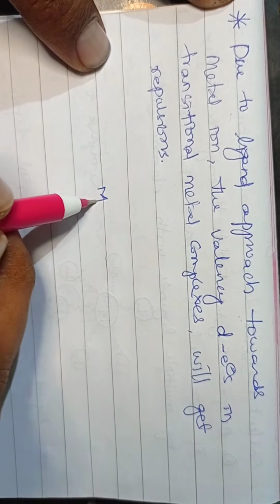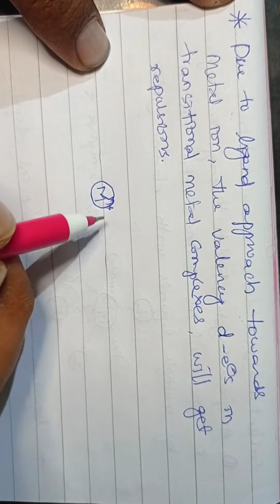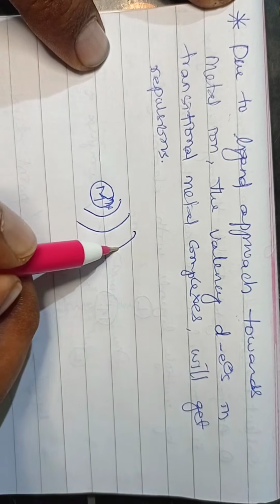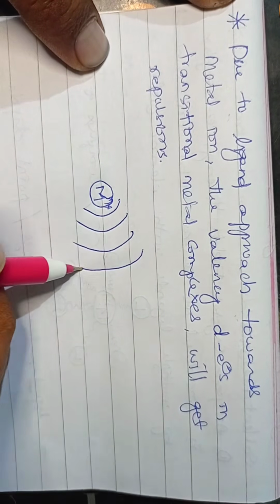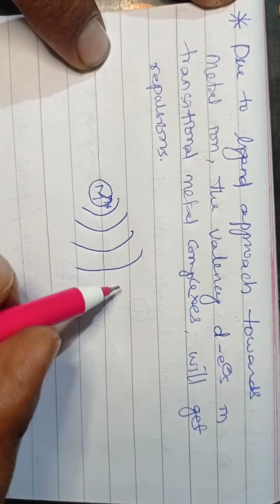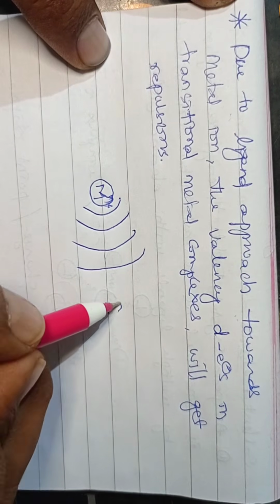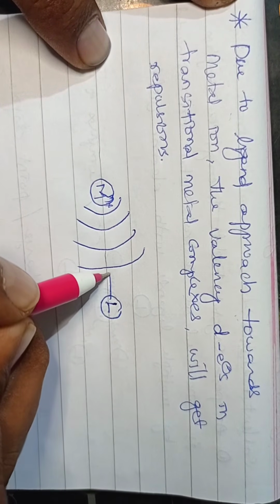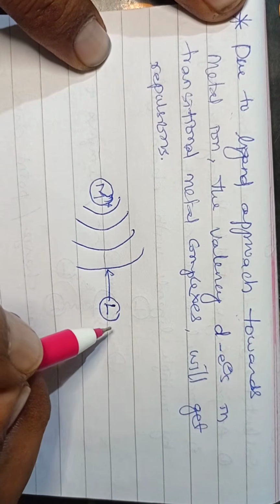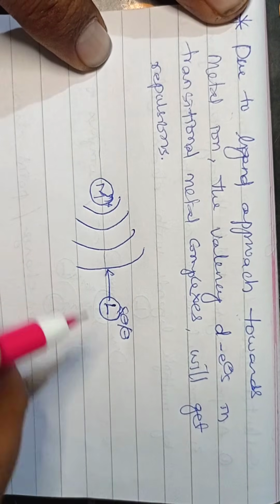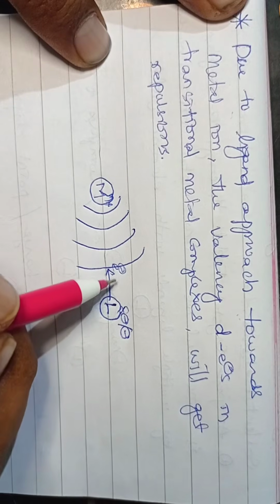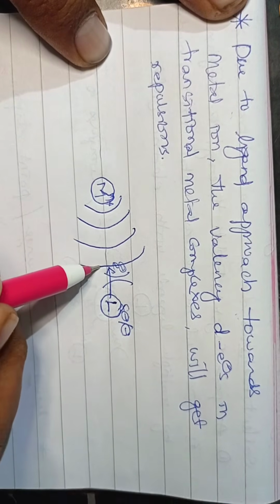We know that a metal ion has multiple orbitals, right? Let's see, these are the metal orbitals. So when the ligand is approaching towards the metal ion, what happens? The negative charge, partial negative charge or direct negative charge, will interact with the valency electrons.